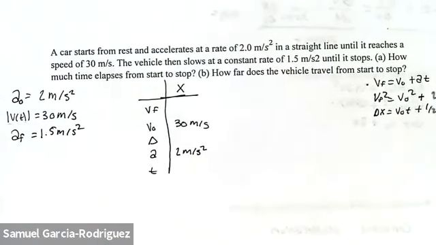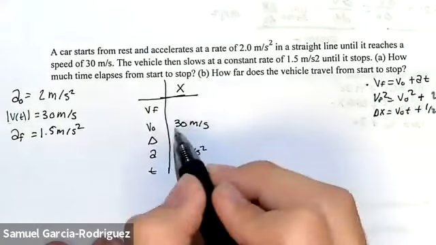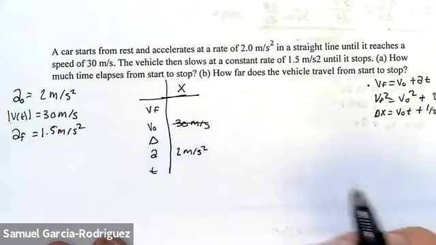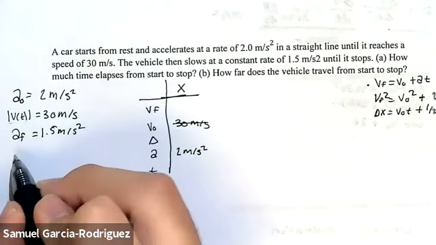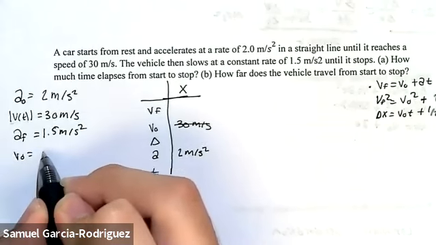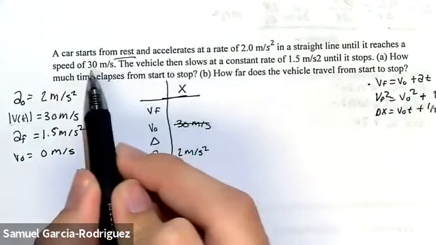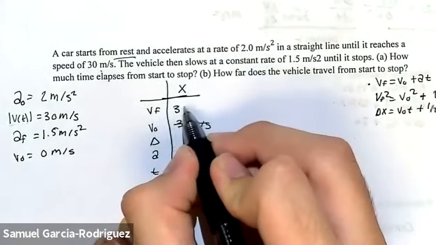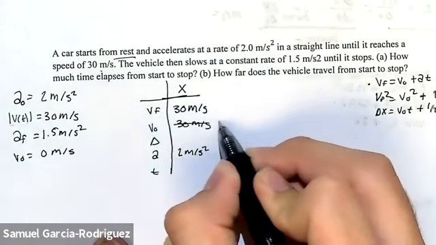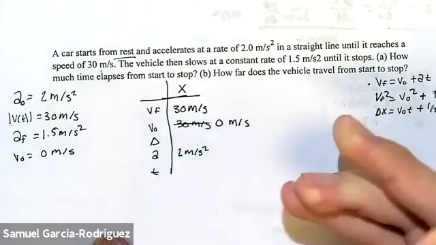And let's see. Oh, shoot. I'm an idiot. V naught is 0 meters per second because it starts from rest and then accelerates to this speed. So this is 30 meters per second, and this is 0 meters per second.